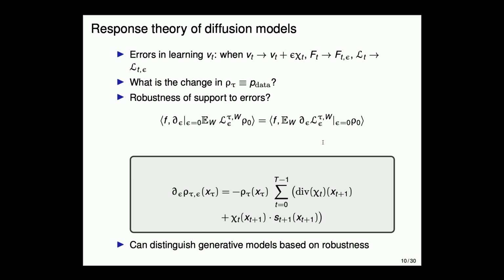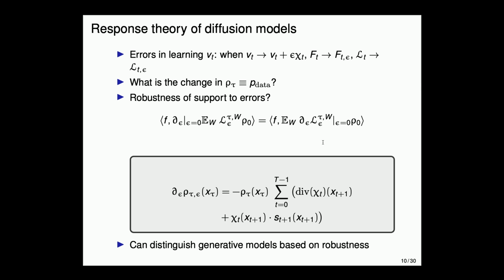If you have an absolutely continuous measure, that means that p tau, which is supposed to be the target distribution at time tau, is the density of the target. If you do have a density, then the change in the density with respect to epsilon, you can think of this as the same as saying p tau epsilon minus p tau 0, which is the true target density, is equal to epsilon times this term.